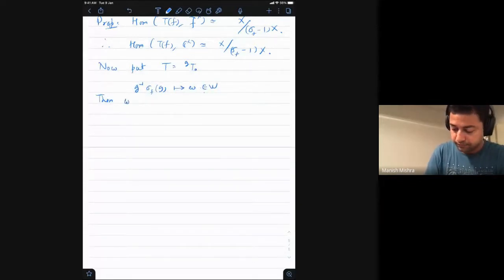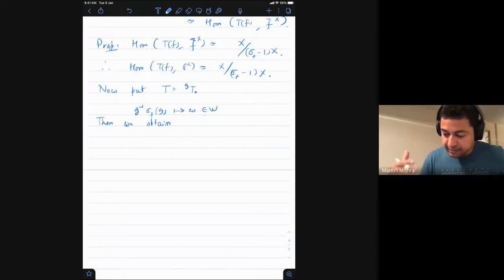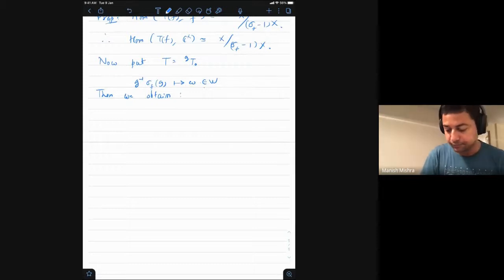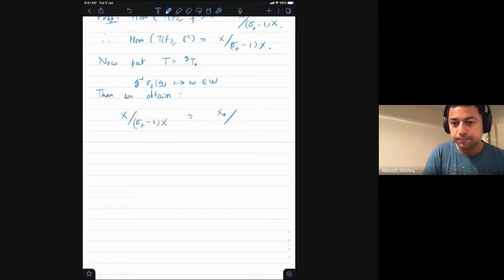Then by a remark that the Frobenius action on the lattice X comes from the twisted Frobenius action on the lattice X_0, we obtain that X / (sigma_F minus 1)X is isomorphic to X_0 / (sigma_F omega inverse minus 1)X_0.